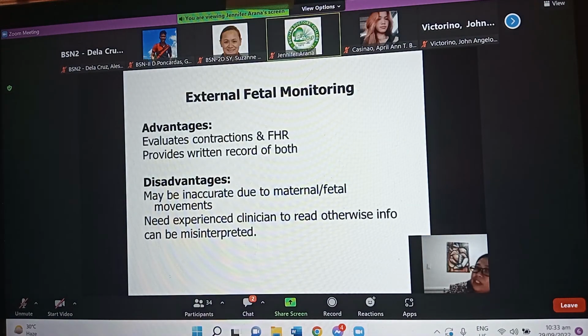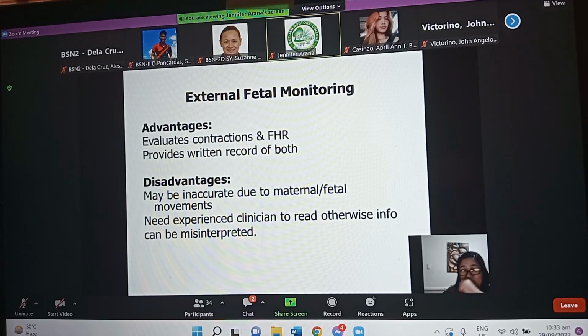Now, what are the advantages of external fetal monitoring? They could evaluate contraction and fetal heart rate, and it provides written record for contraction and fetal heart rate. The disadvantage is that it may be inaccurate when the mother is moving or when the fetus is moving.